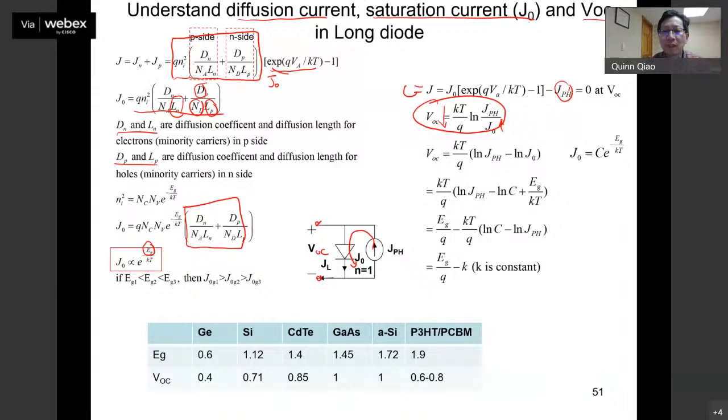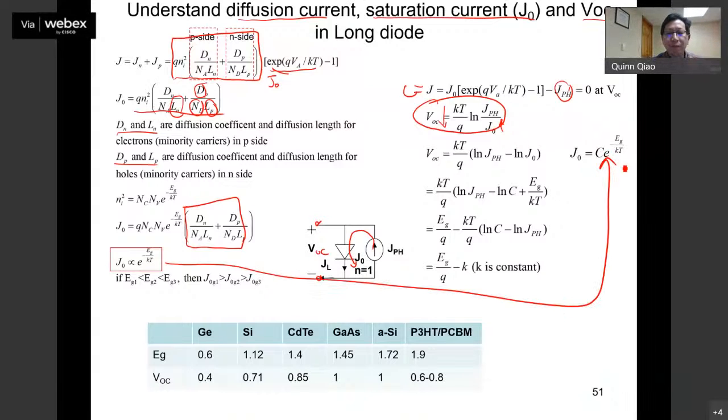Okay, so with that, you see this one is JPH over GIAN. Take log, log JPH minus log GIAN, that's here. And then remember GIAN here? As we just mentioned, remember these equations I talked about? Get this equation here.